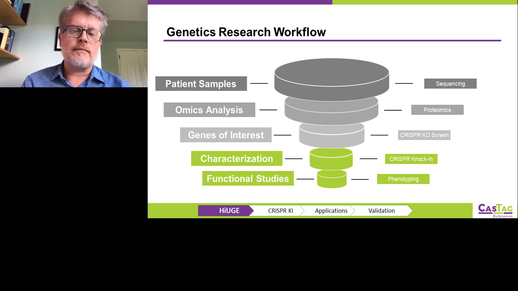Once these genes of interest or proteins have been narrowed down, then another common step in most research workflows is to then further characterize these genes of interest or proteins using CRISPR knock-in technologies. And this is an area that has really advanced very quickly in the last 5 years.